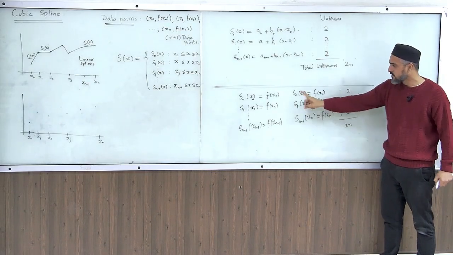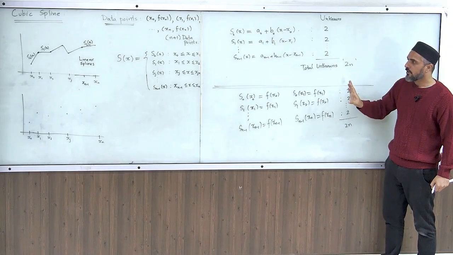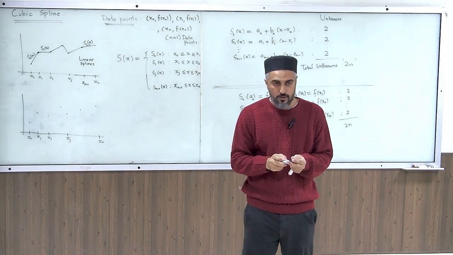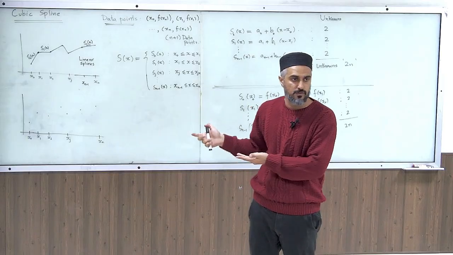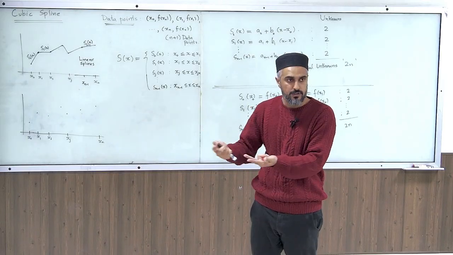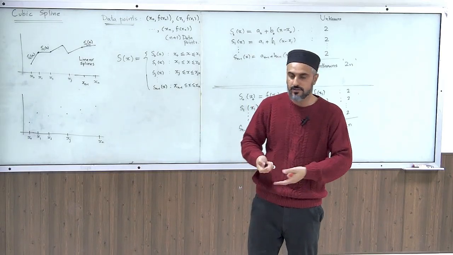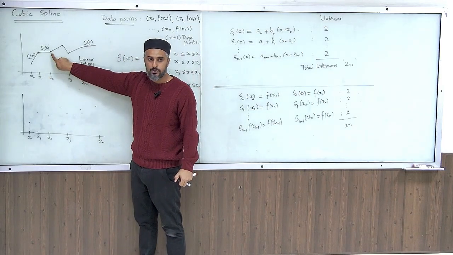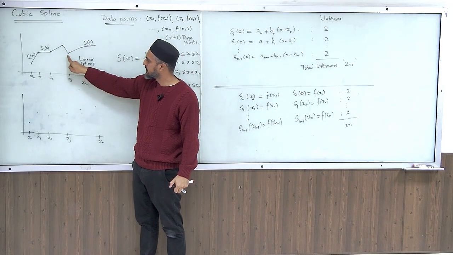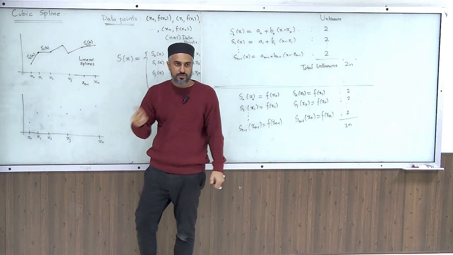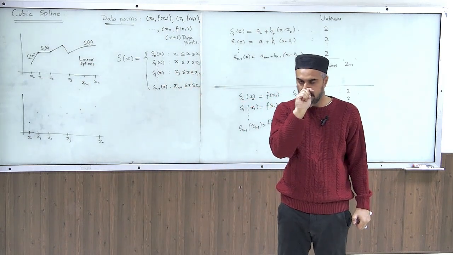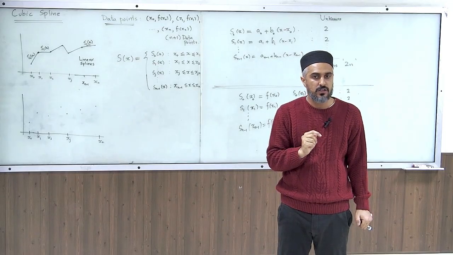Now a problem comes, because we want numerical differentiation and integration from this particular curve. That is one of our motives. If you see at this point, is the function differentiable? These are the corners, and at the corners the functions are not differentiable.